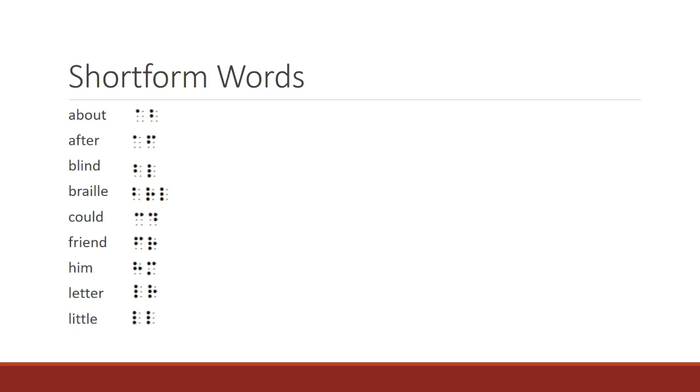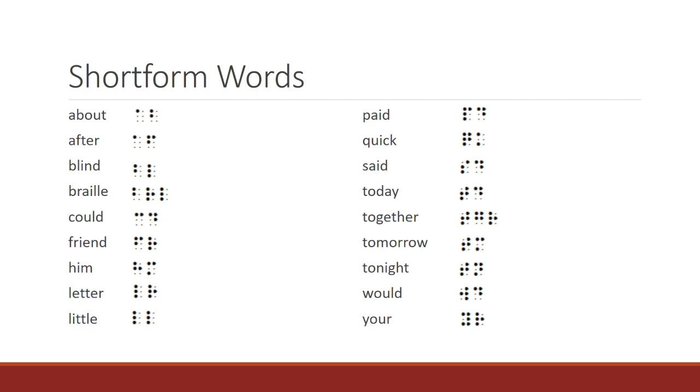They are about, which is written with the letters AB, after, using the letters AF, blind, BL, Braille, BRL, could, CD, friend, FR, him, HM, letter, LR, little, LL, paid, PD, quick, QK, said, SD, today, TD, together, TGR, tomorrow, TM, tonight, TN, would, WD, and your, YR.